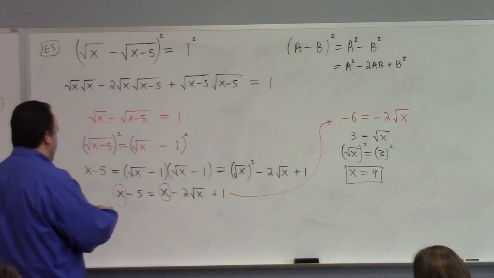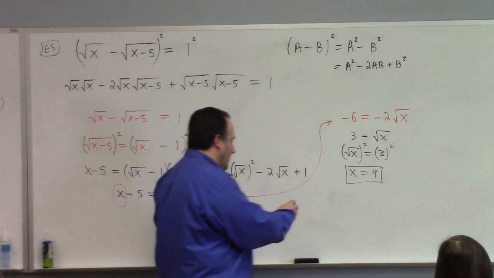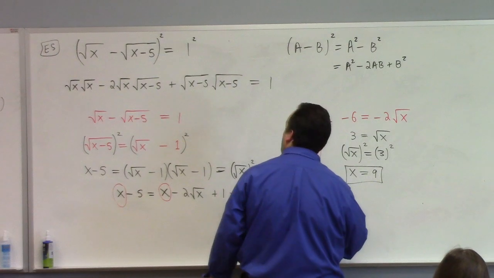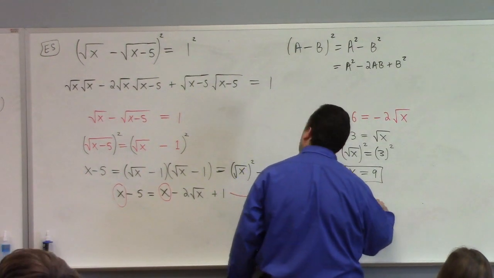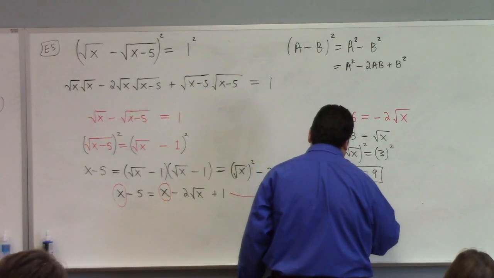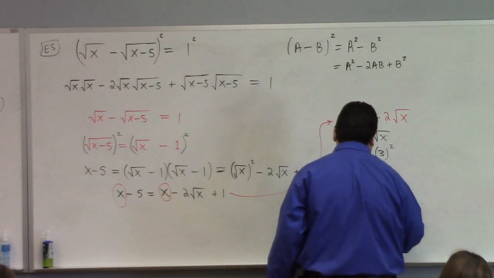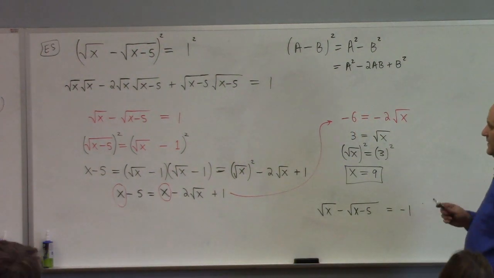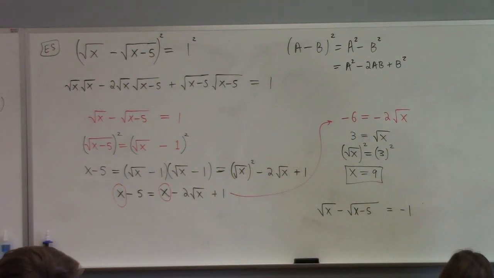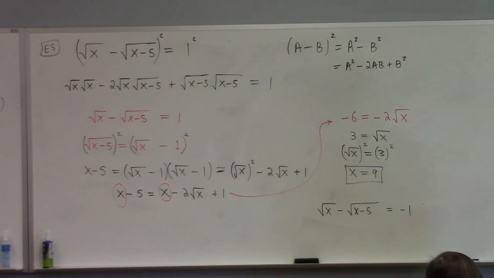Cool. Now check this out. If I had solved almost the same problem, the square root of x minus the square root of x minus 5 equal to minus 1, I think you can track through the steps that we made. Well, let me not speculate, it's too many steps.